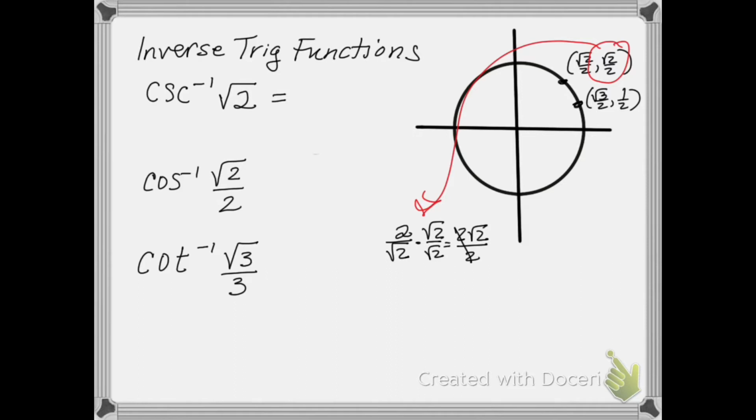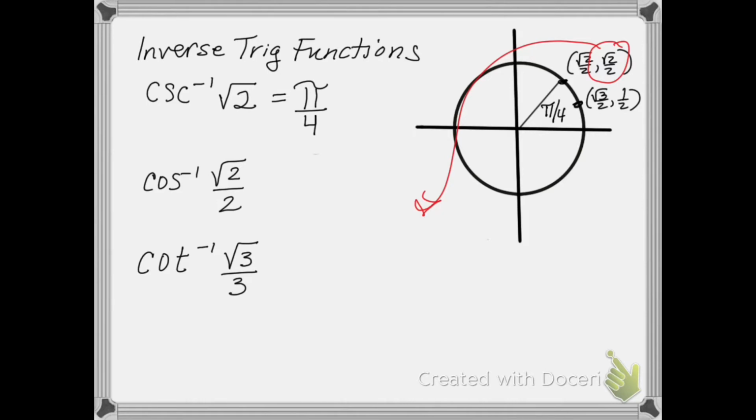So the reciprocal of the y-coordinate right here is rad2, and that's what I'm looking for. That's happening at this position, which is pi over 4, right? So that's what the inverse cosecant of rad2 is. It's pi over 4.